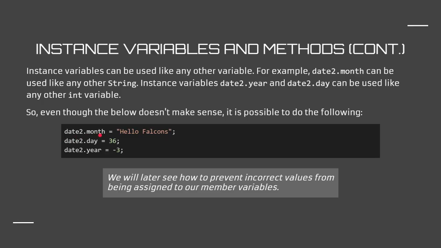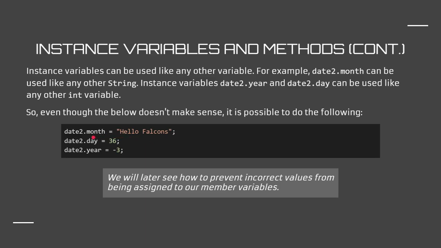You could set date2.month to "hello falcons", you could set the day to 36, and you could set the year to -3. Now, knowing what these variables are supposed to be used for, this doesn't make sense to us as humans, but since these are just normal variables like any other, there's nothing stopping us from giving them nonsense values as long as it matches the data type.